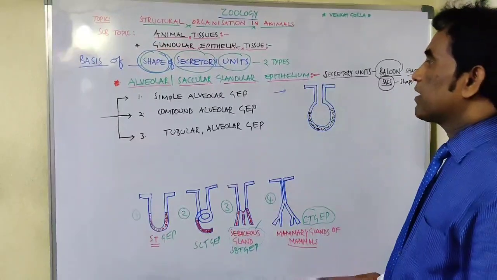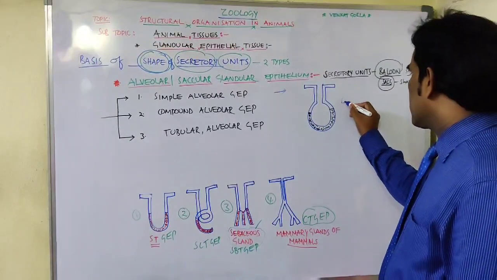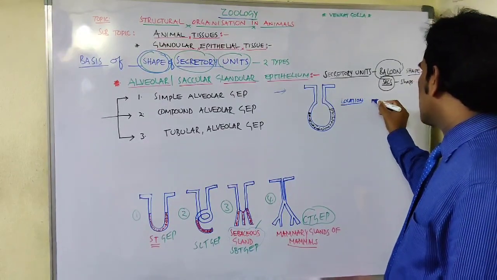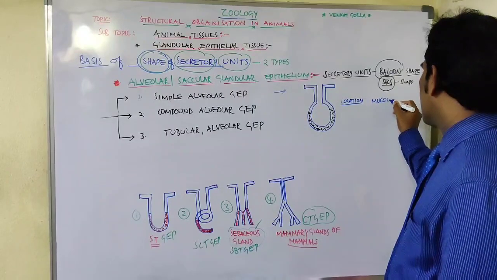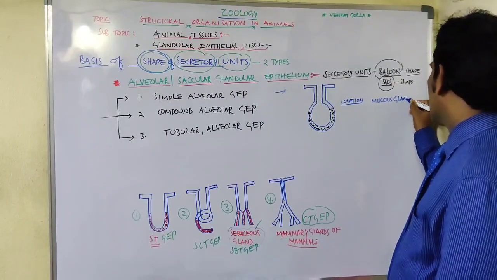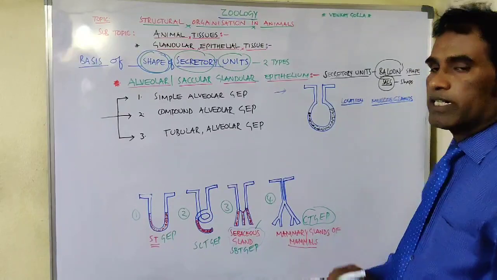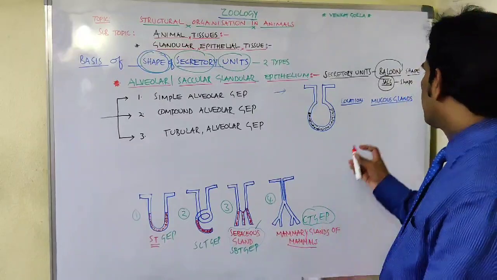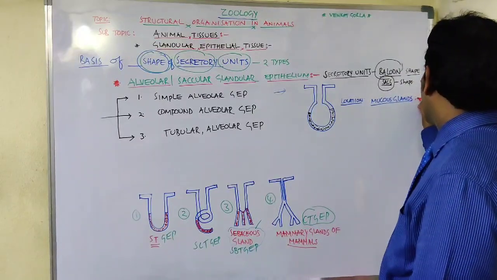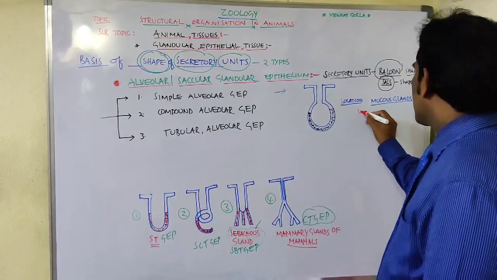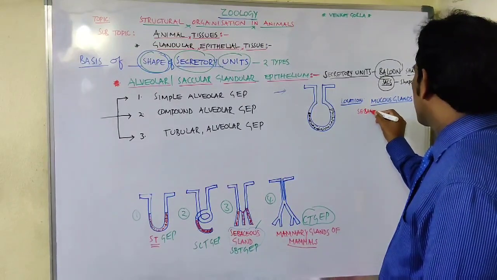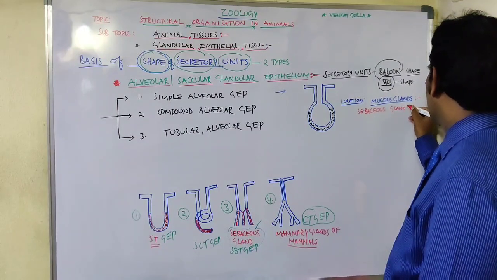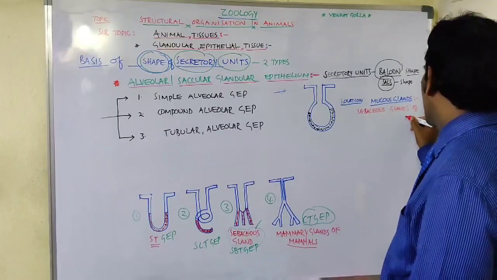So simple alveolar glandular epithelium: the location of this gland is seen in mucus glands. Mucus glands means goblet cells, and it is also found in the mucus glands and sebaceous glands of frog.